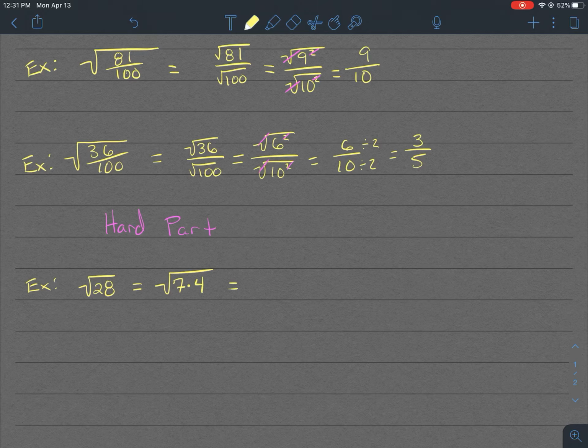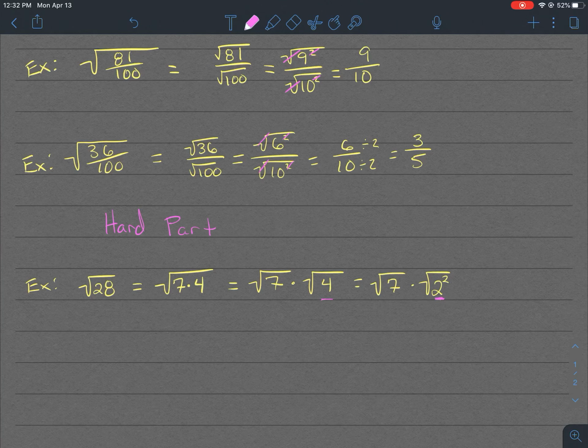Now, let's keep going. 4 and 7. Well, 7 can't be broken down anymore, but 4 can. 4 can be broken down into 2 squared, right? 4 is the same thing as 2 squared.